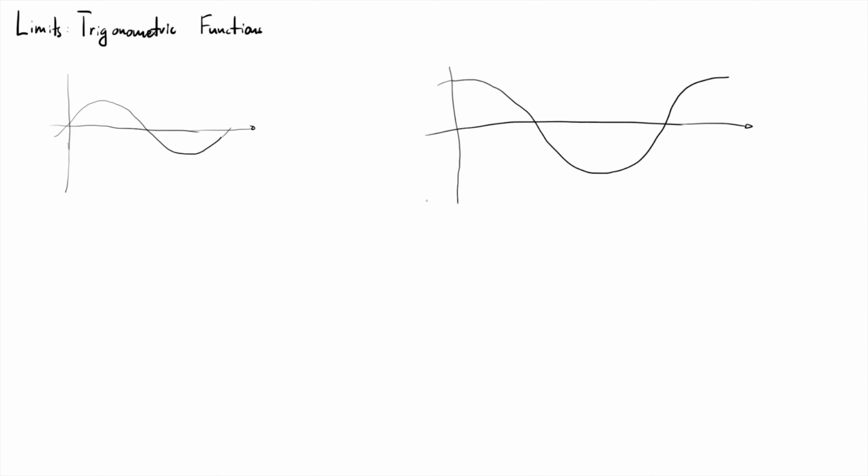Really the important thing about the sine and the cosine function is that they are both continuous everywhere. We're not going to prove that, so you're going to have to take my word for it, and you're going to have to know that both sine of x and cosine of x are continuous everywhere.